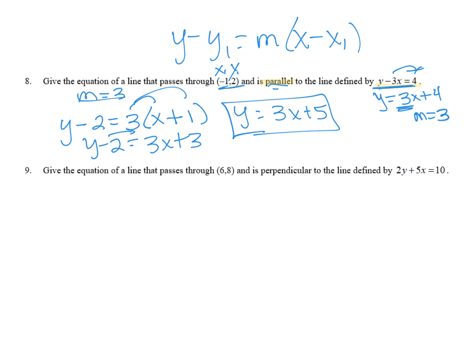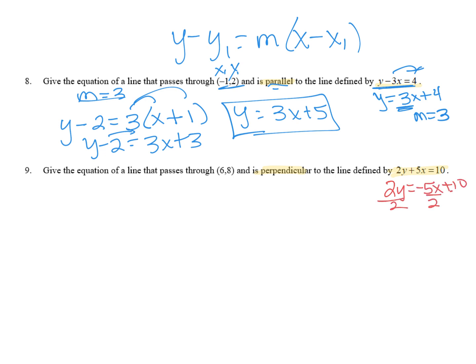So let's look at the equation of a line that passes through (6, 8). It is perpendicular to this line, meaning I need to know what is the slope of 2y plus 5x equals 10 so that I can do the negative reciprocal of it to get the slope of the line I'm trying to write. So we need to solve this for y. 2y equals -5x plus 10.